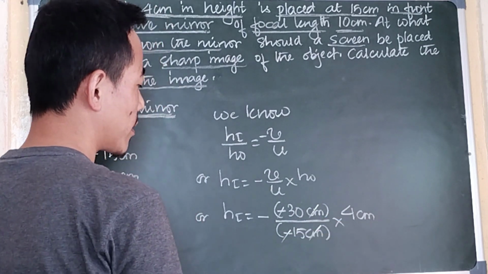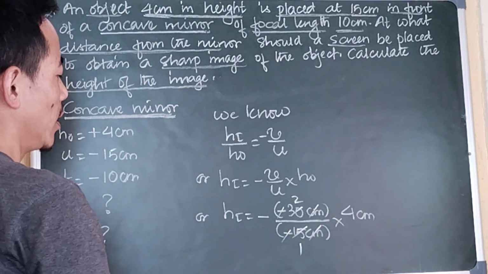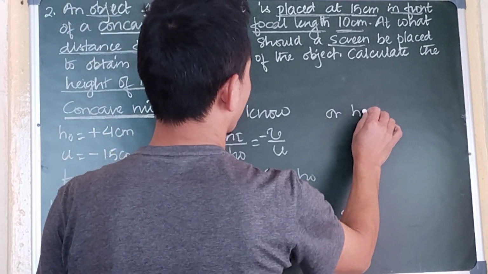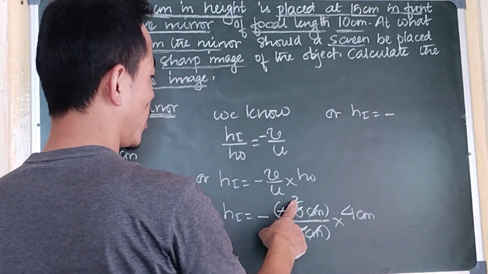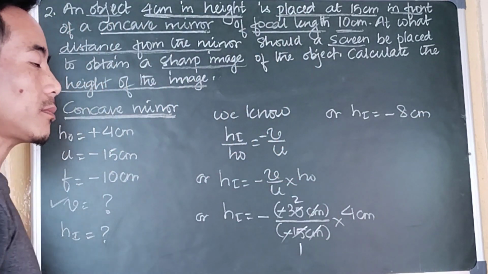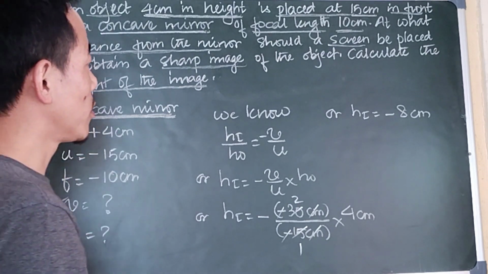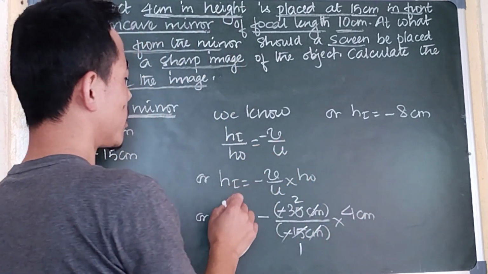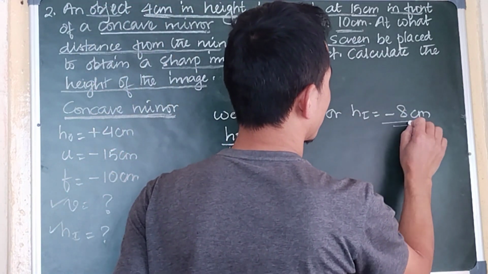Centimeter, centimeter gets cancelled. 15 one time, 15 two times is 30. So we have hi is equals to, we have this minus sign. So minus twice into 4 becomes 8 centimeter. So we were supposed to find out two things, v and hi. So we have found out v, which is -30 centimeter, and hi as -8 centimeter.